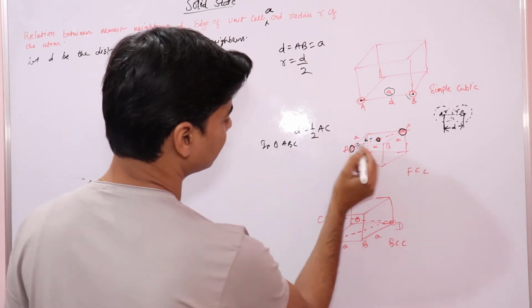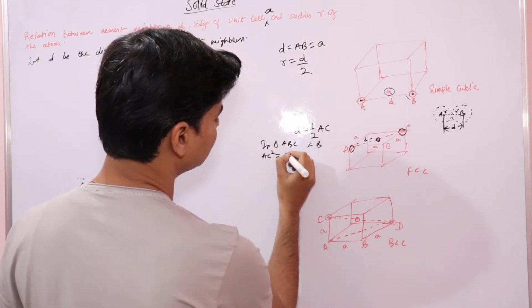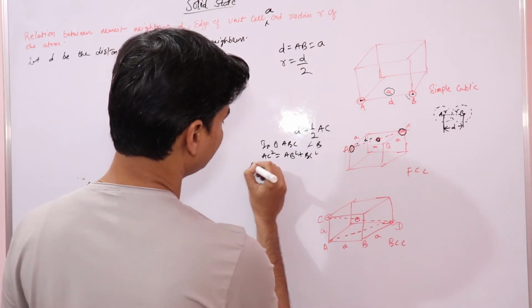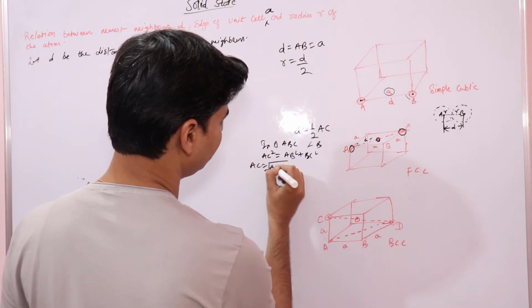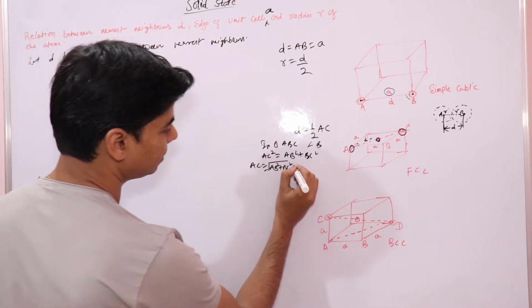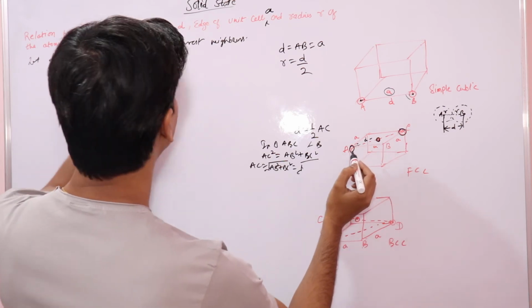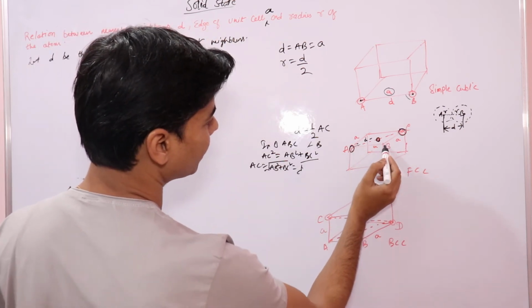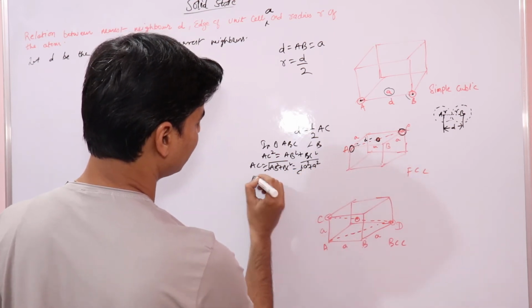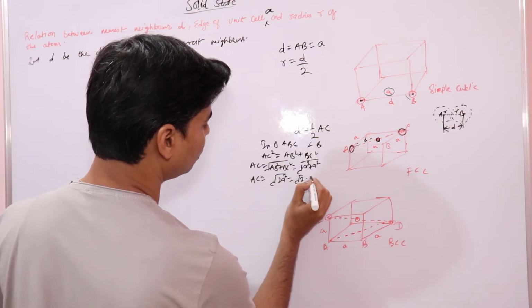This is simple mathematics. We know that AB is the edge of the unit cell, which is A, and BC is also equal to A. So we have A square plus A square, and AC is equal to under root 2A square, or root 2 times A.